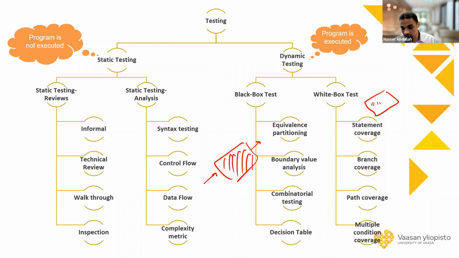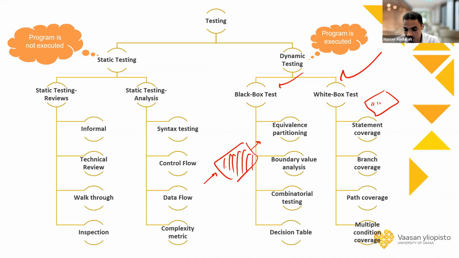Okay, guys, in these two methods, black box testing and white box testing, we try to generate the best test cases. In the two categories, we try to generate test cases that detect the faults as much as possible.